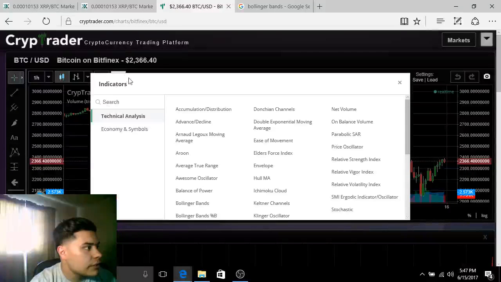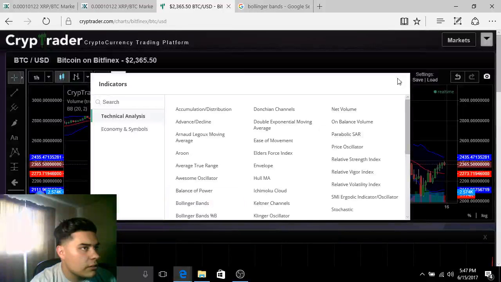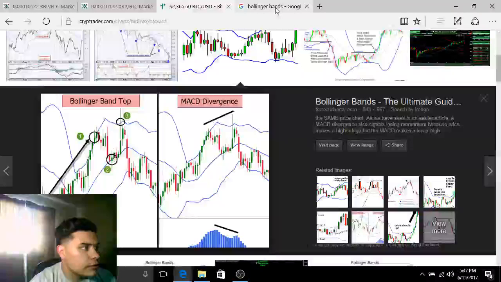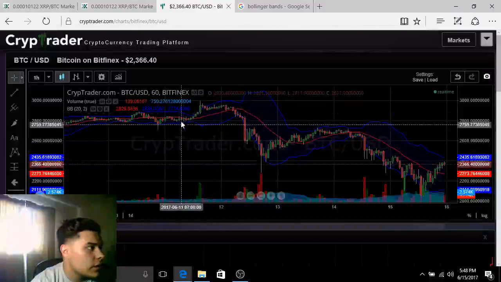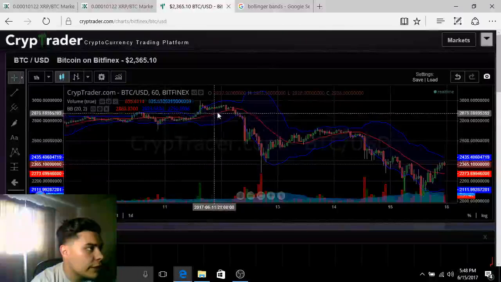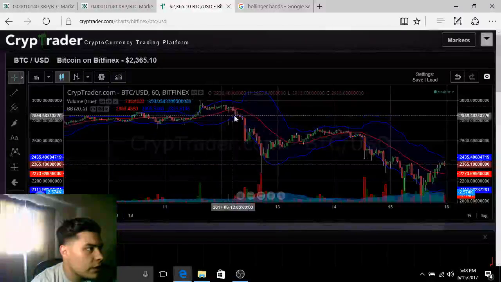Very simple for any traders. Alright, so here's Bollinger Bands. Click that. Okay, so now like we were showing here in the picture, upper band, and then the moving average, and then the lower band, okay? Alright, so now we have the upper band, moving average, and lower band.